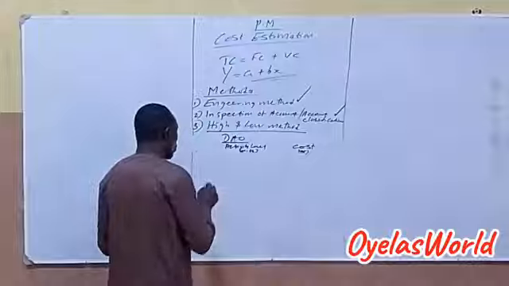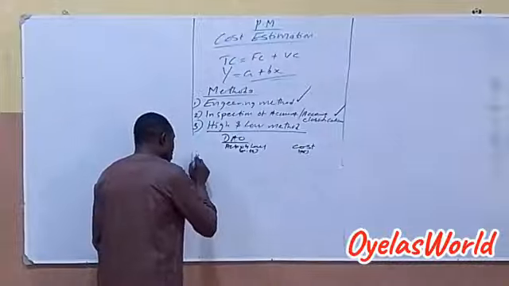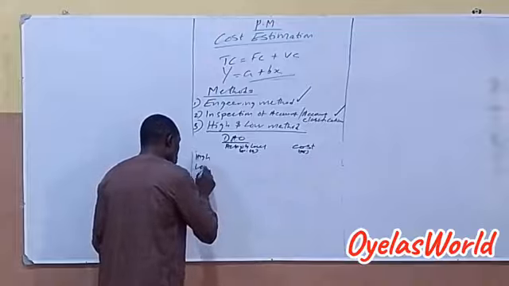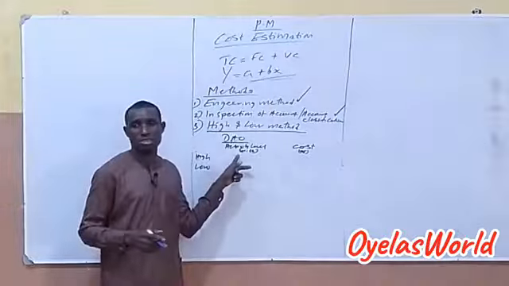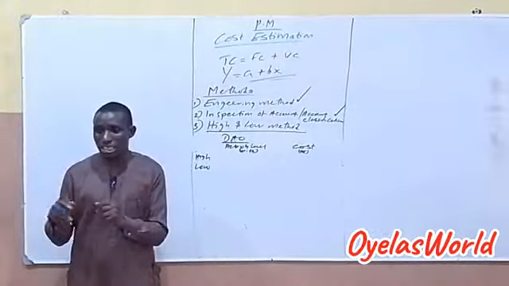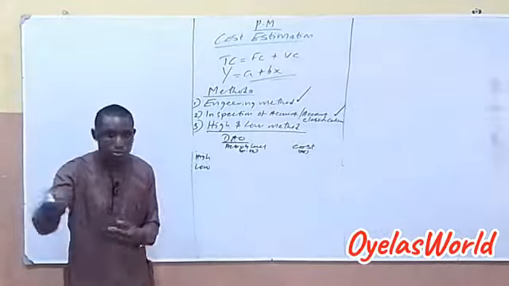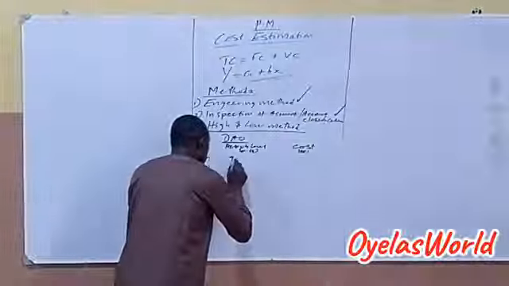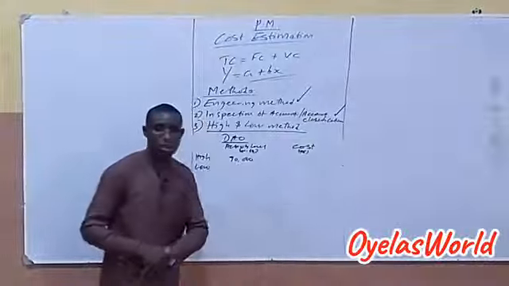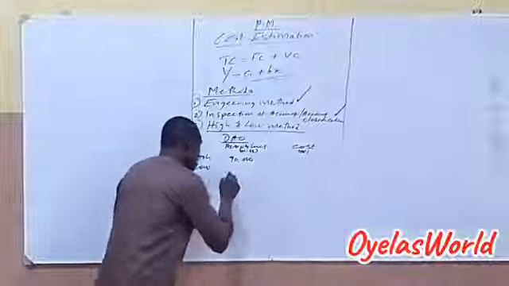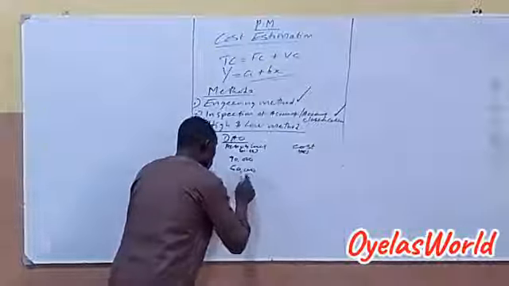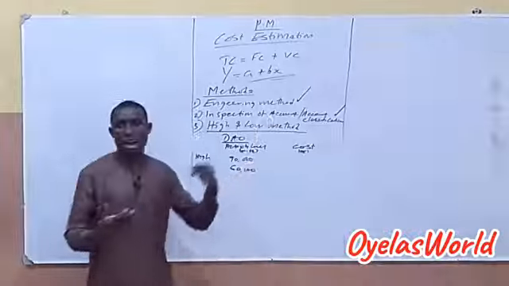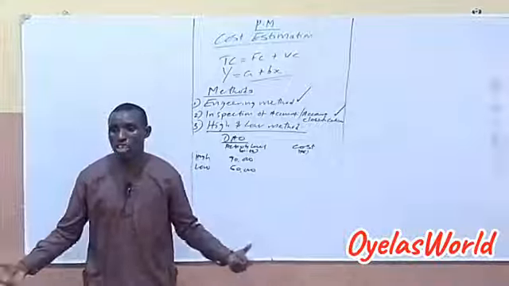So now we have the high level and low level of activities. The high level of activity is 90,000 units, the low level is 60,000 units. Give me their corresponding cost.